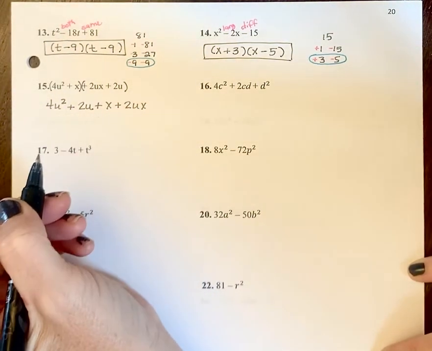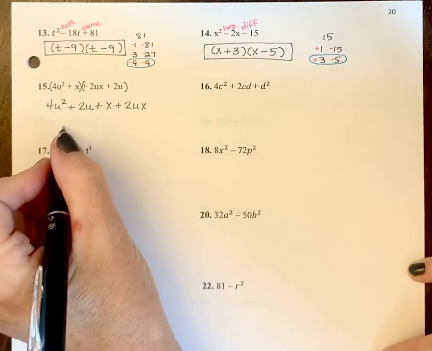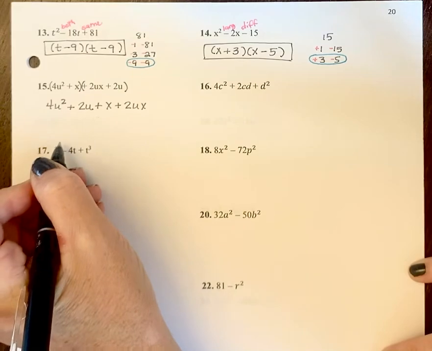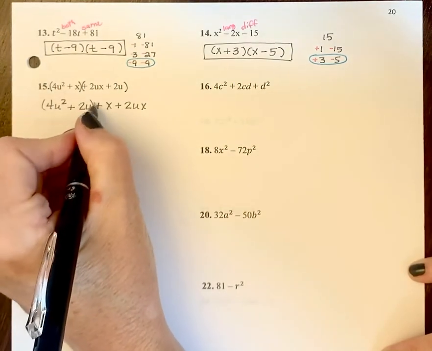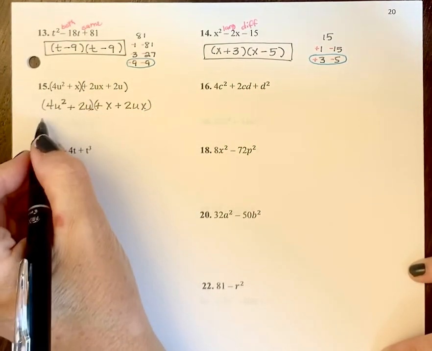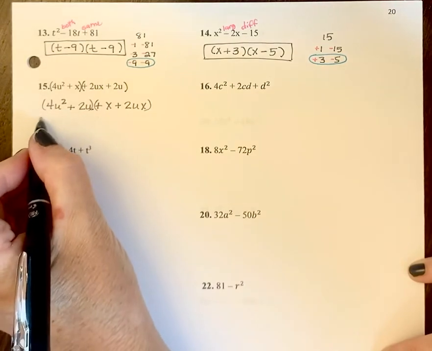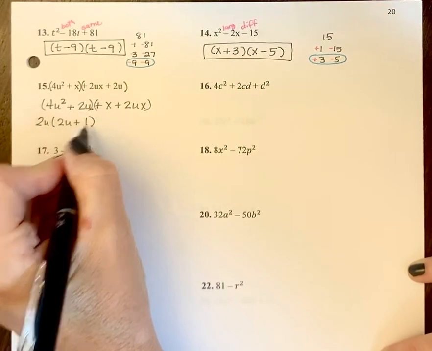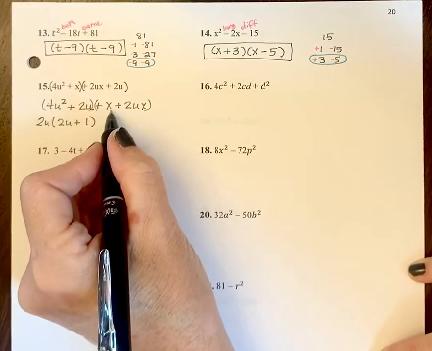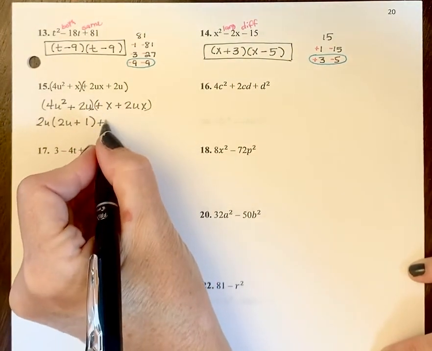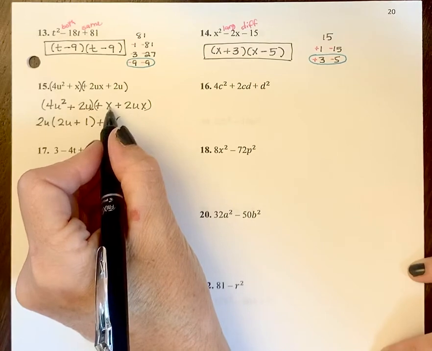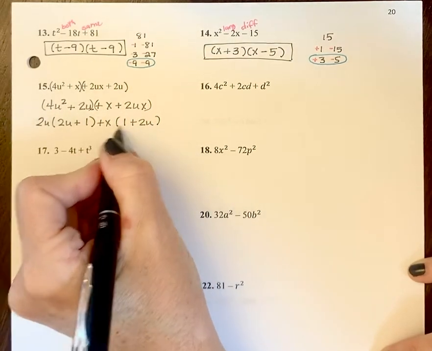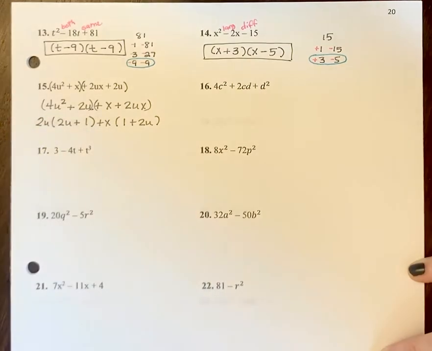If I put it in this order, I know that whenever I factor it, I'll have 2 binomials that look the same. So I'm going to group the first 2 and the last 2. These have a 2u in common, and whenever I factor that out, I'll be left with 2u plus 1. These have an x in common, and whenever I factor that out, I'll be left with a 1 plus 2u, which is the same thing as 2u plus 1.